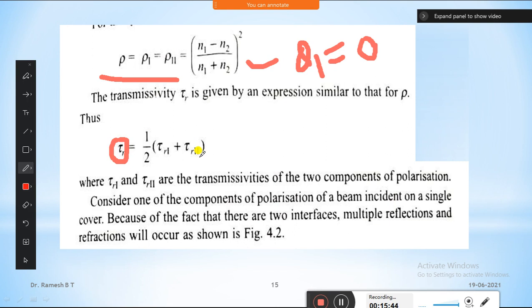If you find the values of tau r1 and tau r2, you will get the value of tau r.